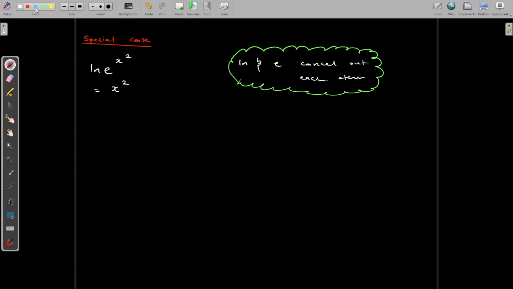For example, if we have ln of e raised to the 4x plus 2, this answer would simply be 4x plus 2. If we have ln of e raised to the cos x, this will just be cos x.